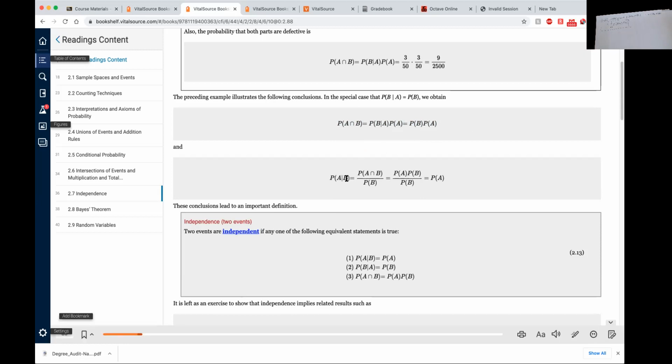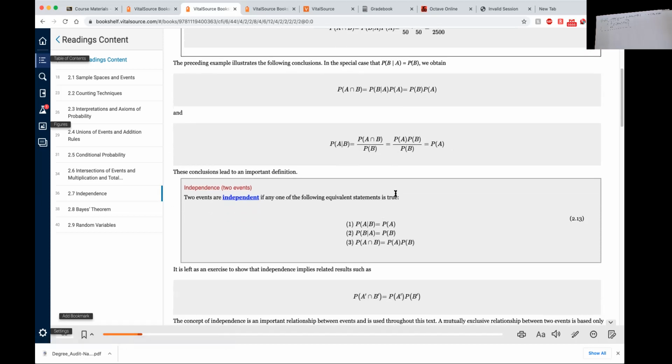The conditional probability P of A given B can be expressed as P of A intersection B over P of B. The numerator, P of A intersection B, we just found is equal to P of B times P of A. So P of B cancels out, and we get P of A. Algebraically, P of A given B is equal to P of A if the two events do not affect each other.